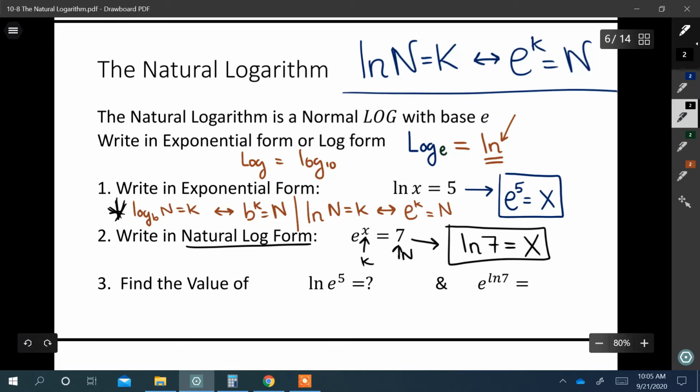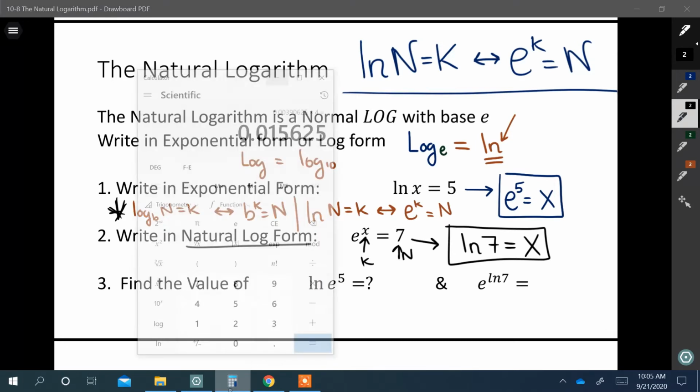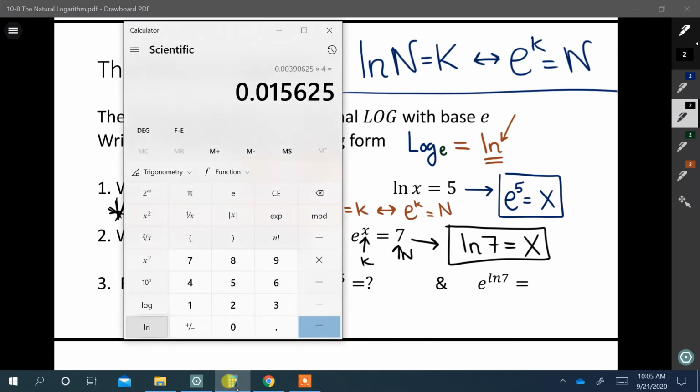And in your calculator, you are going to see the natural log in there. As you can see, we do have an ln there. So it's always helpful to have it. So we have log, that's base 10. If I find the log of 10, I get 1, because 10 to the first, the exponent is 1.